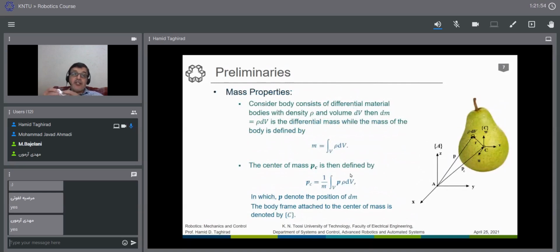The second thing which we should define, of course, is for electrical students, not mechanical students. The mechanical students are quite familiar with that, but the electrical students also need to know the mass properties. In mass properties, we have to define three important things. First, the definition of the mass, which is very hard.